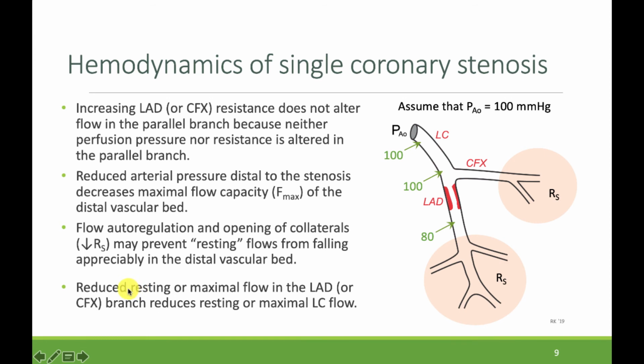Now, if you have reduced resting or maximal flow in the LAD, or if this was a single lesion in the circumflex, in either case, that would reduce the resting or maximal flow, of course, in the feed artery, because it will not be supplying as much blood flow, either under resting conditions or in a maximally dilated state.